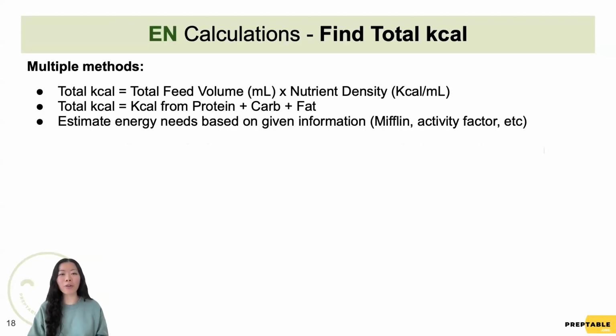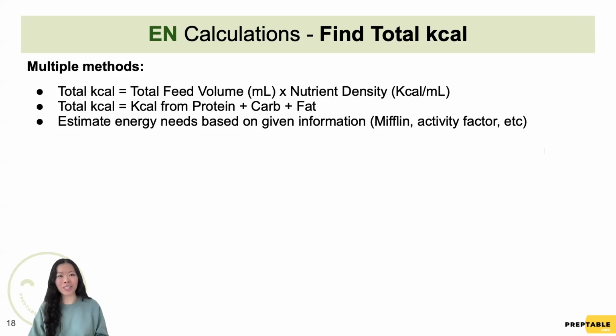Let's tackle how to find the total kcals. There are multiple methods. First up, by rearranging the formula we just learned, we will have total kcal equals total feed volume times nutrient density. Sometimes on the exam, this total kcal is already given, but other times the patient might have a prescribed formula which has a designated nutrient density.